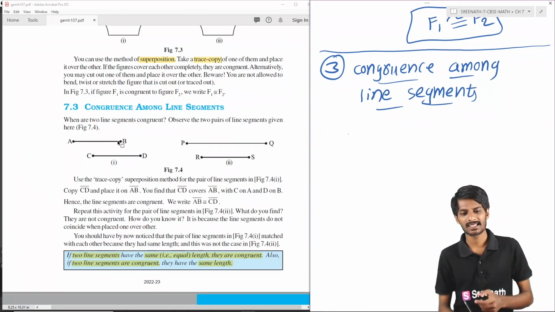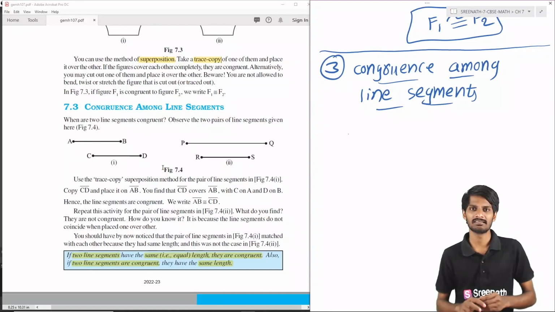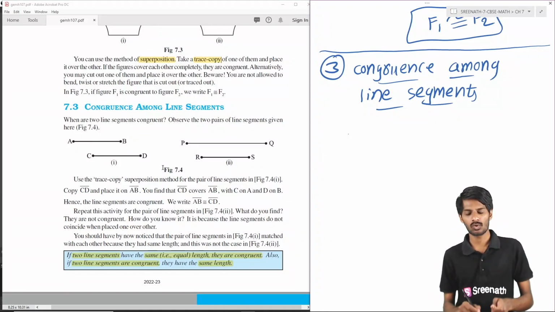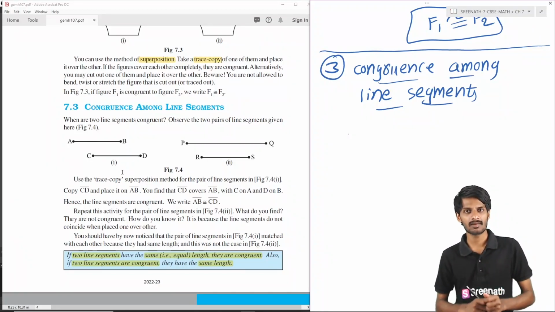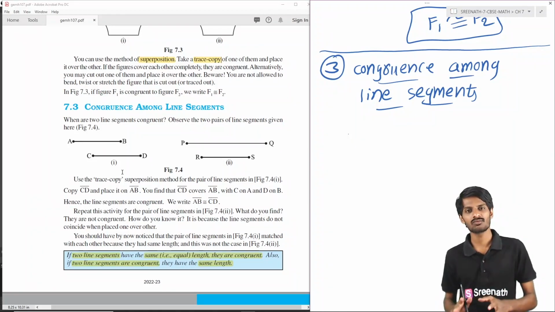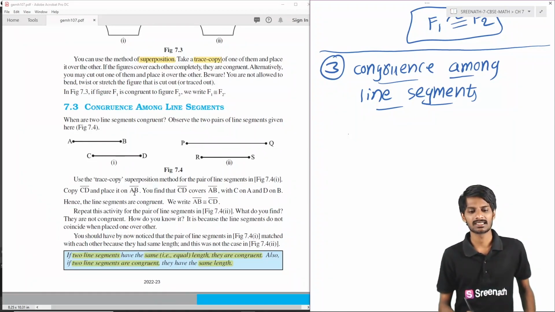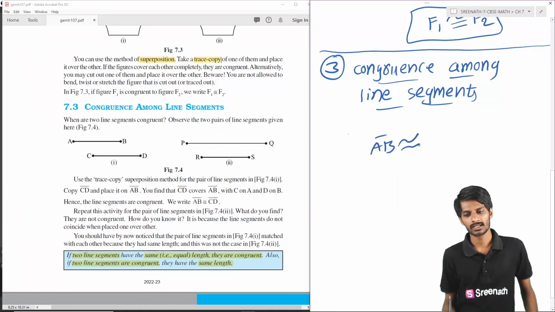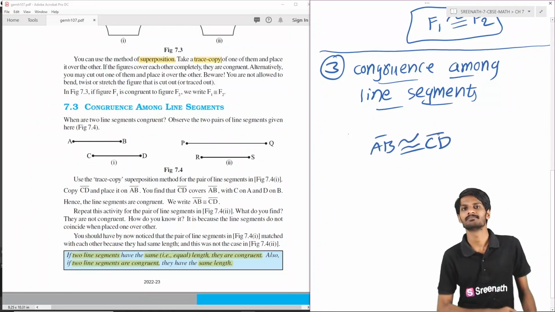Place line segment AB on CD, using the superposition method. Take the trace copy of line segment AB and place it on CD. Does AB coincide with CD? It covers it. Are the length of AB and the length of CD the same, equal? Then we say that line segment AB is congruent to line segment CD.